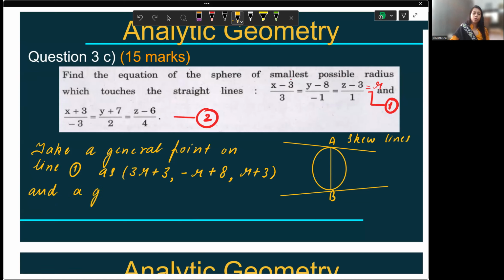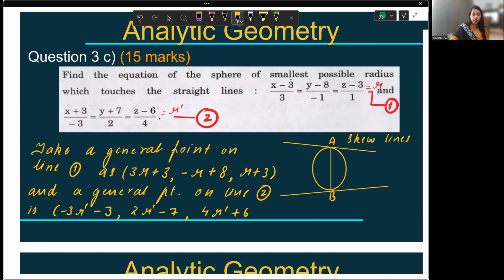And a general point on line 2 is what? Let's equate this next line with some R dash. So that would be minus 3R dash minus 3, 2R dash minus 7, and 4R dash plus 6.